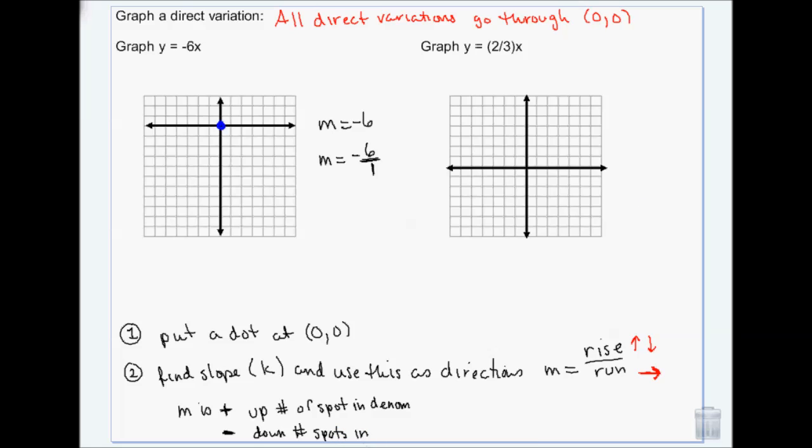I meant numerator, not denominator. And then after you've moved up or down, then you move right the number of spaces in the denominator.